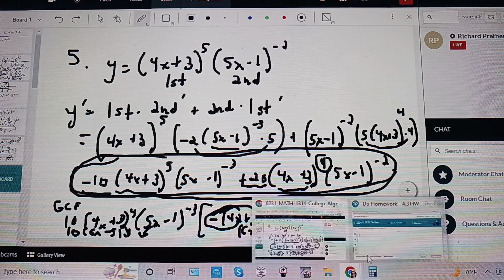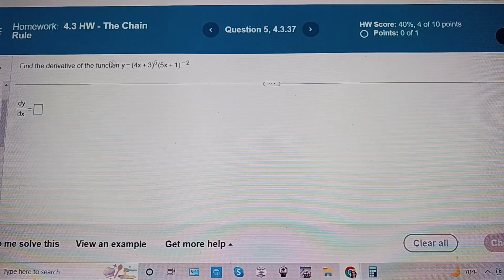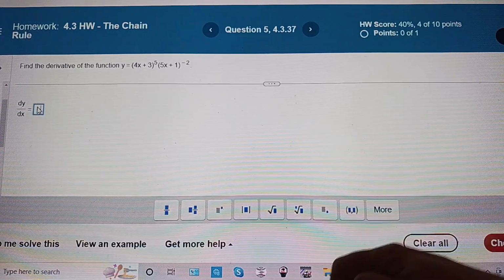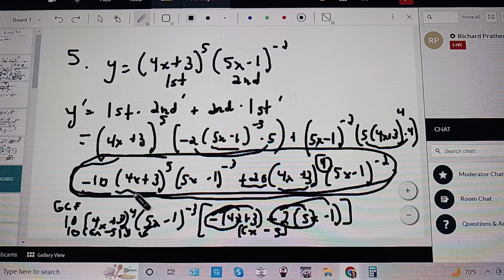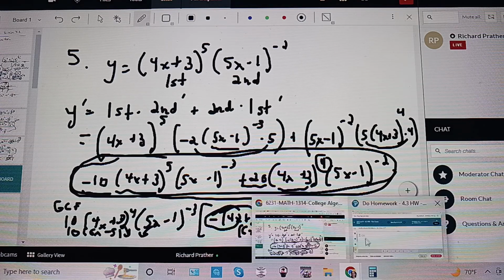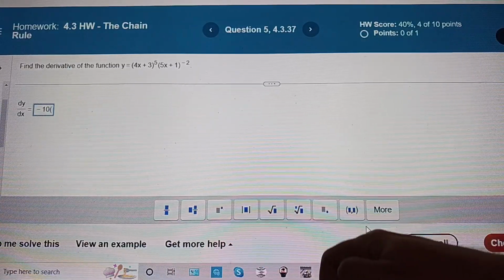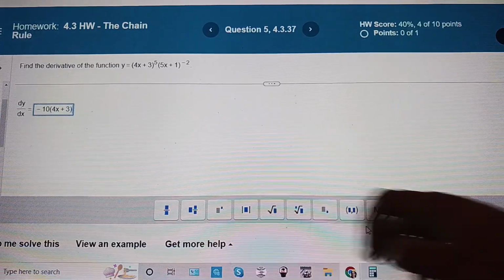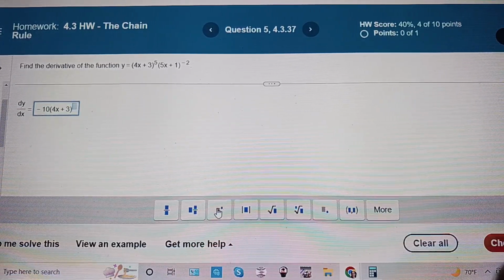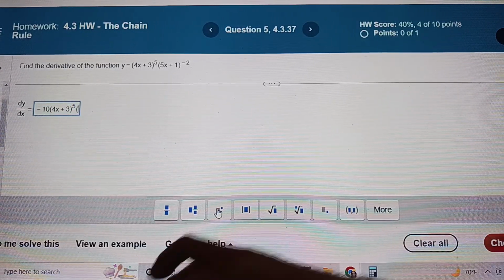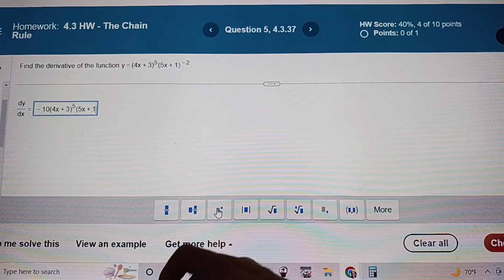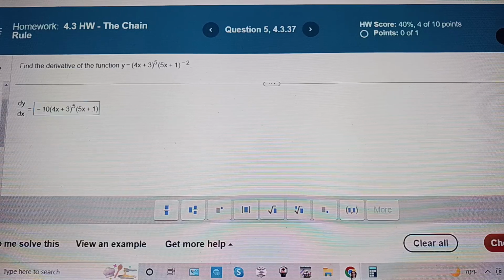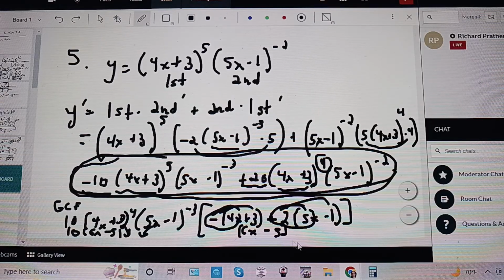So let's try that first. Negative 10, it just says find the derivative, very generic. So as long as you find the derivative at one point of it, they usually take that answer. Negative 10, 4x plus 3 to the fifth. And then there was a 5x plus 1 to the negative 3.